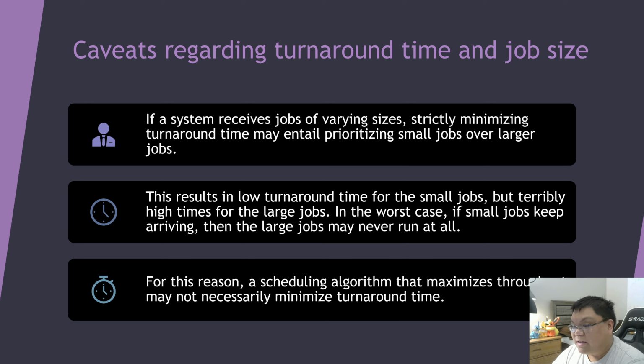So for this reason, a scheduling algorithm that maximizes throughput may not necessarily minimize turnaround time. In fact, if we are optimizing only turnaround time, we are only just doing small jobs.